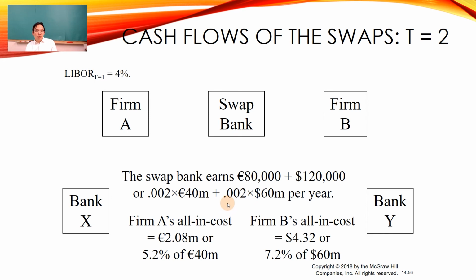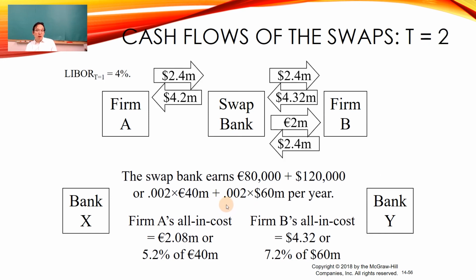Company A's all-in cost does not change. All the fluctuating part, LIBOR, is taken care of, canceling each other out.